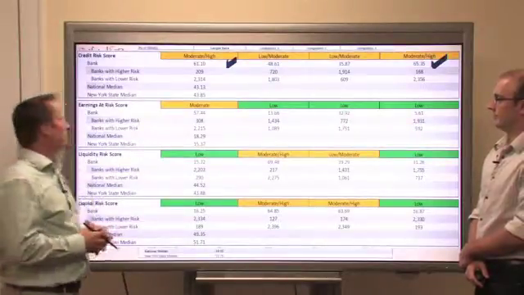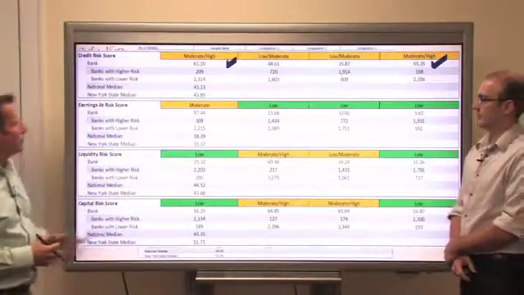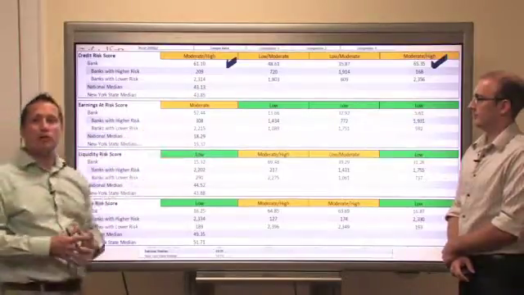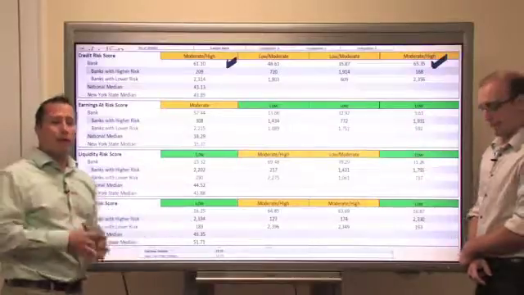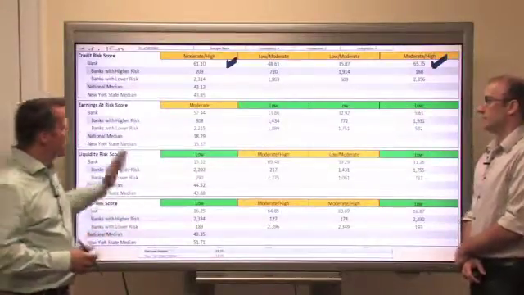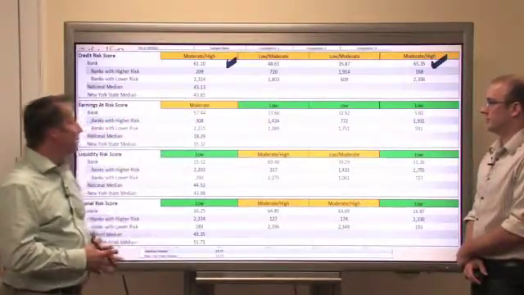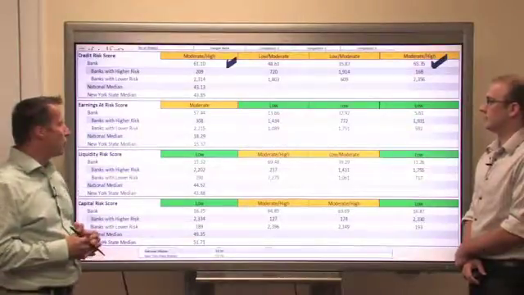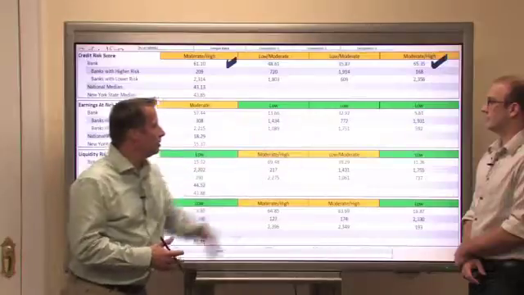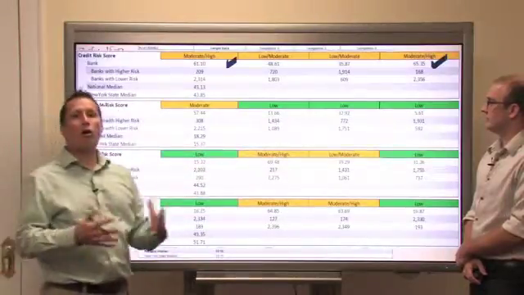So dropping down from your overall credit risk, which is probably where most banks have issues or can run into issues very quickly, we look at earnings at risk. Our model defines earnings at risk as the sensitivity of net interest margin over a period of 9 quarters. Our sample bank here is at a moderate risk area at 57.44, and the rest of the institutions you can see are all low.